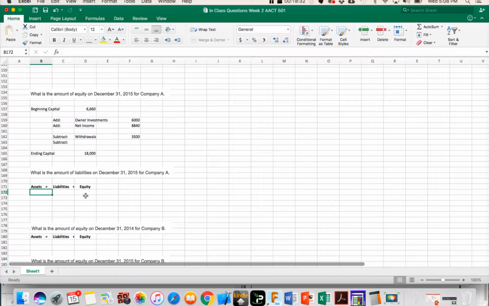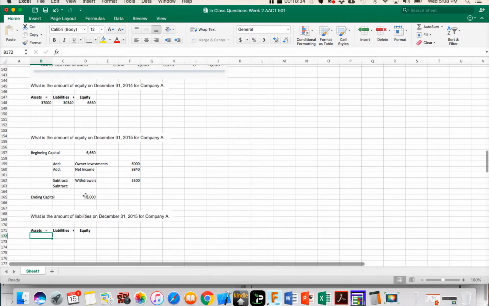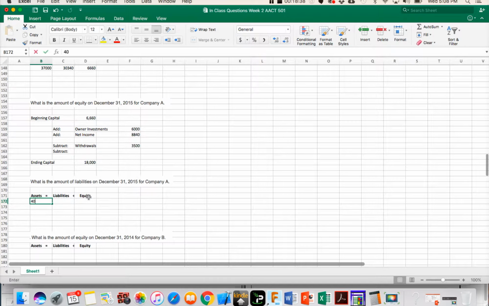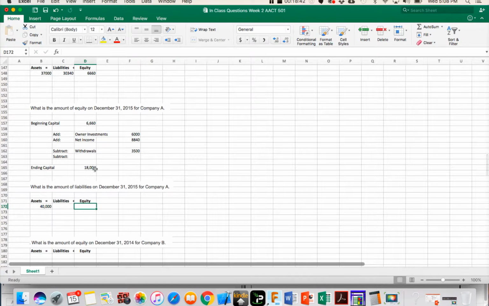I'm sorry, equity. We have assets and equity. So that was 40,000 in assets. Equity, 18,000. And the difference between those, 22,000.